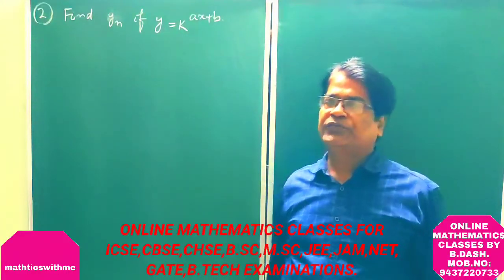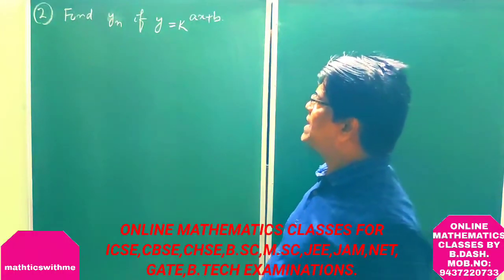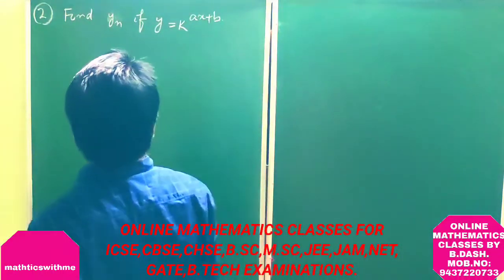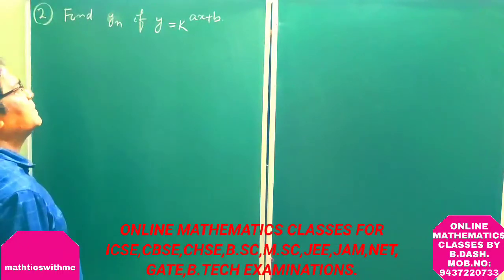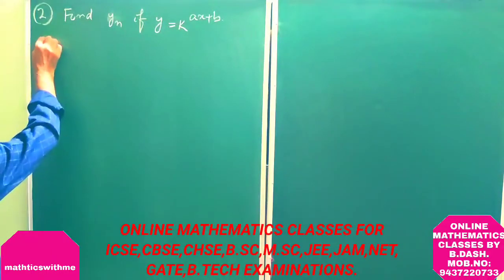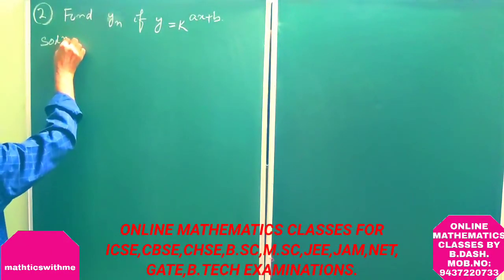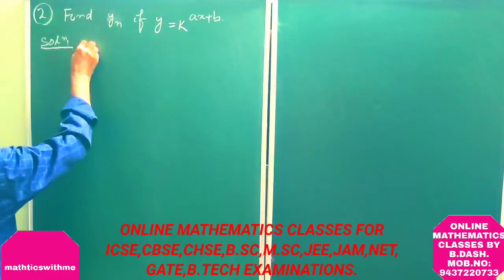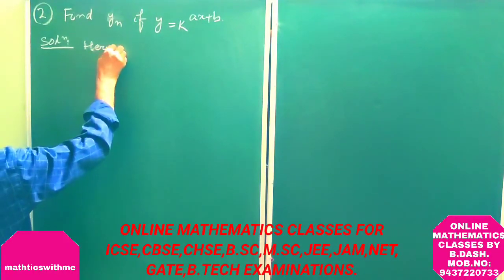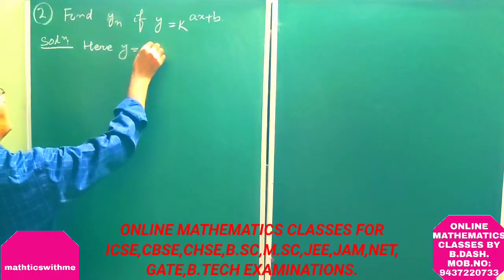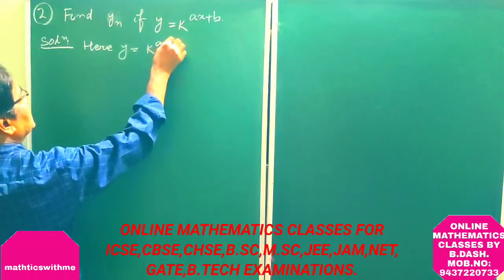Our next question is: find yn if y is equal to k to the power ax plus b. Now, solution. Here y is equal to k to the power ax plus b.